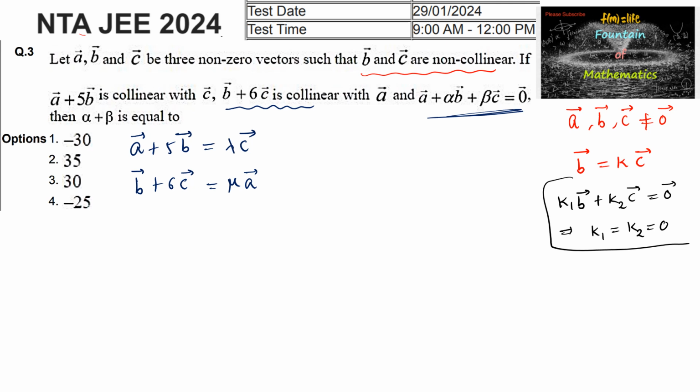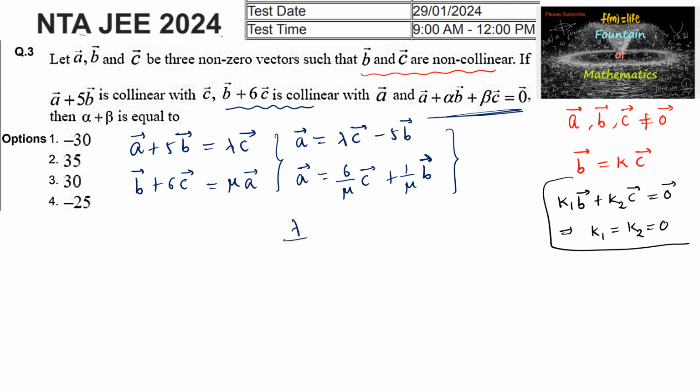So here let us eliminate A. From the first equation we can write vector A is equal to lambda times vector C minus 5 times vector B, and in the second equation vector A is equal to 6 upon mu times vector C plus 1 upon mu times vector B. So from these both we can write lambda is equal to 6 upon mu and minus 5 is equal to 1 upon mu.